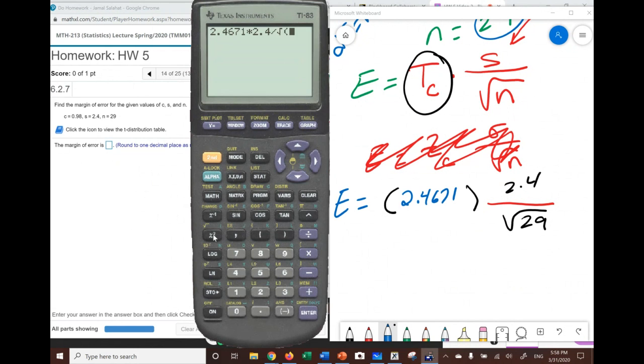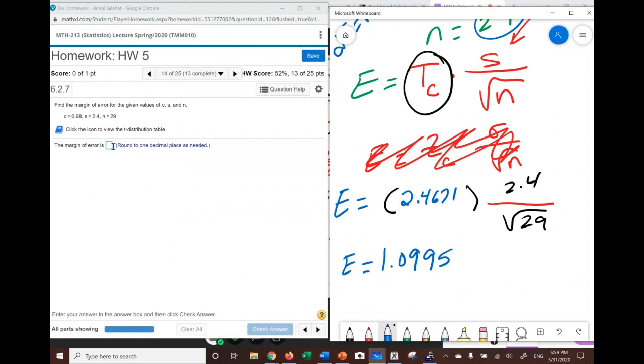Here is square root of 29. You can do that with your calculator. If you have a different calculator or phone, either way, when you do the math, the error is going to be equal to 1.0995, and so on. So the error is going to be that quantity there. Try it with your calculator. Make sure you get it right, or your phone, basic calculator, anything you like.